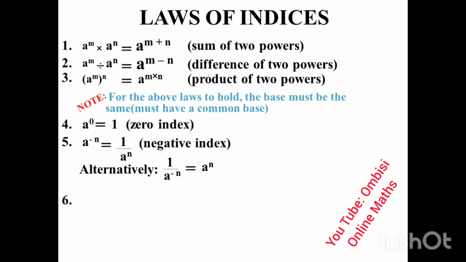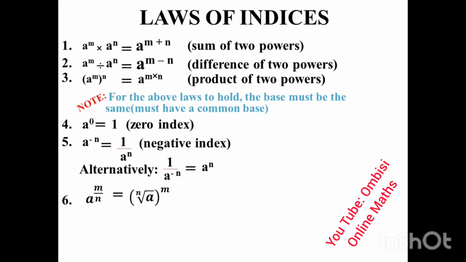Let us look at law number 6. Law number 6 deals with the fraction. If you have a number a raised to the power of m over n, it is the same as the root of a to order n raised to m.